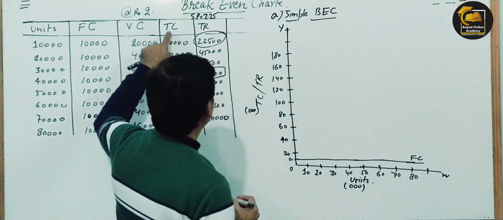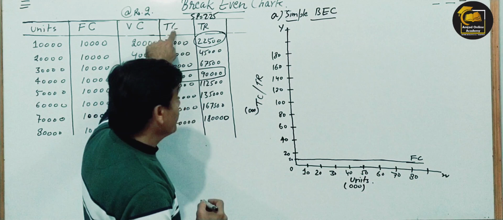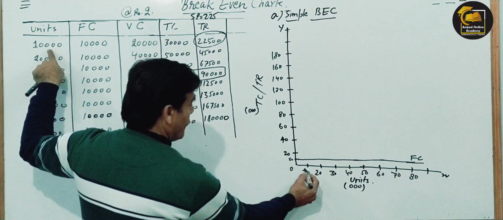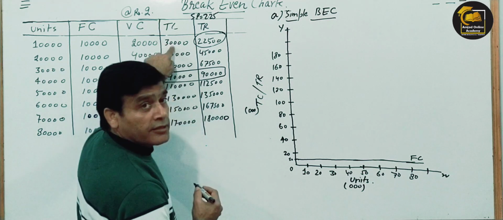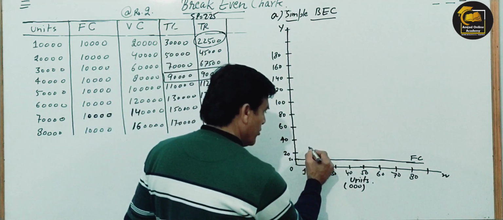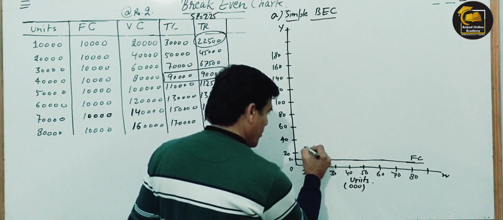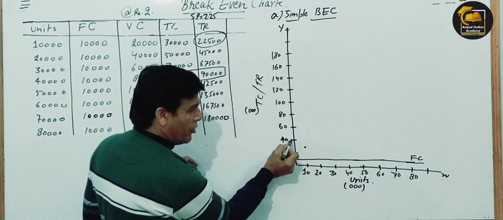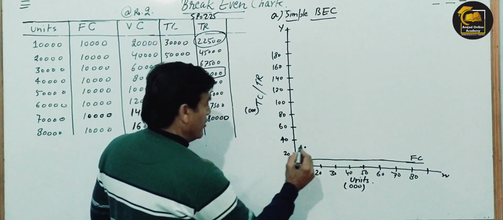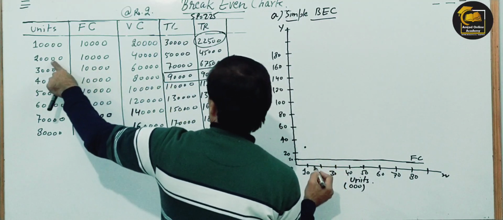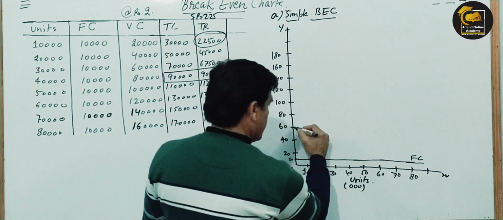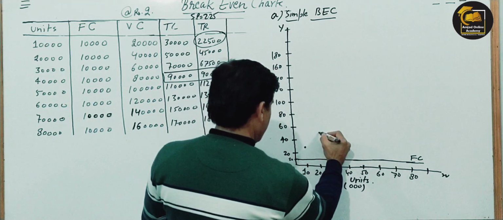Now it is the question of taking the total cost line. Look, at 10,000 units, the total cost is 30,000. So to give the point here, point it out here, because it will be between 40 and 20 here. Again, if we add 20,000 units, the total cost is 50,000. So it will be between the 60 and 40,000 here.